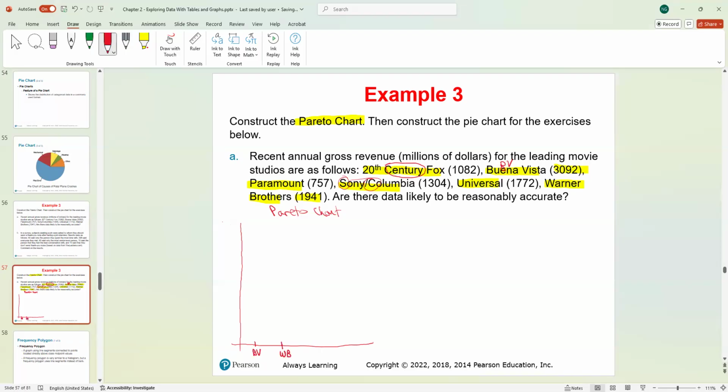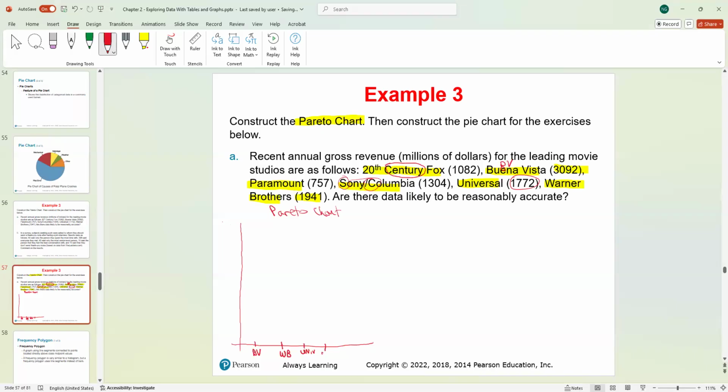The third one, you can pay attention and check, it's 1772, so it's Universal. The fourth one is 1300-something, so that's Sony Columbia.